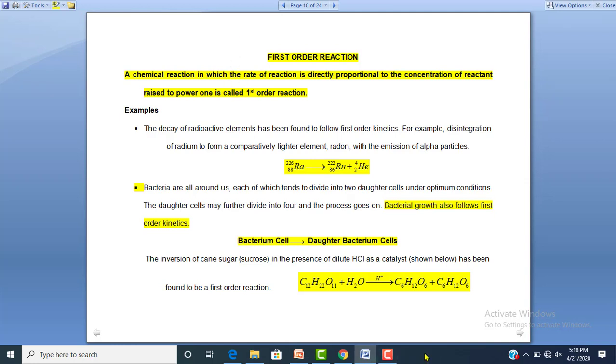Dear students, what is meant by first order reaction? First order reaction: it is a chemical reaction in which the rate of reaction is directly proportional to the concentration of a reactant raised to power 1 is called first order reaction.